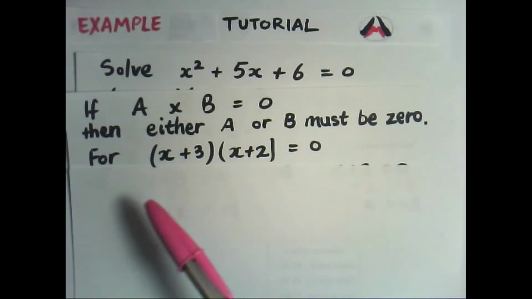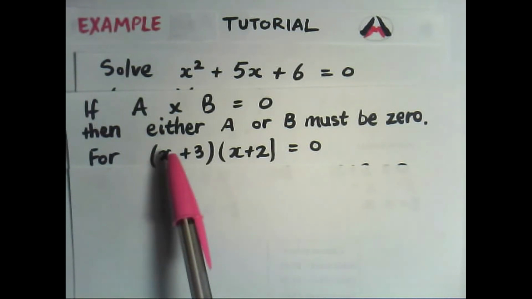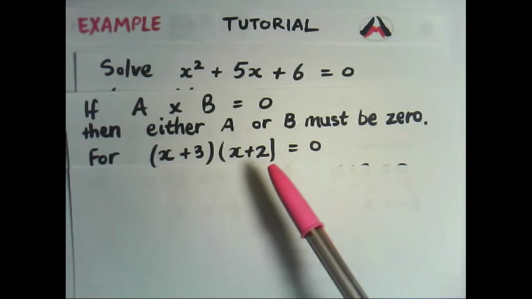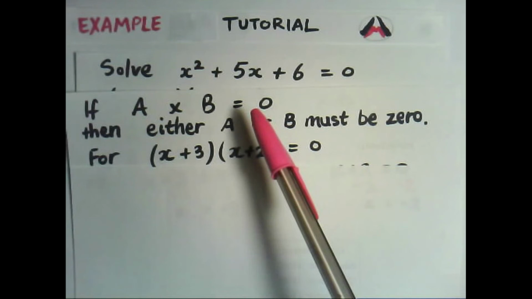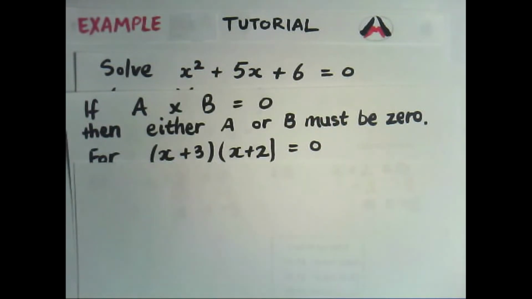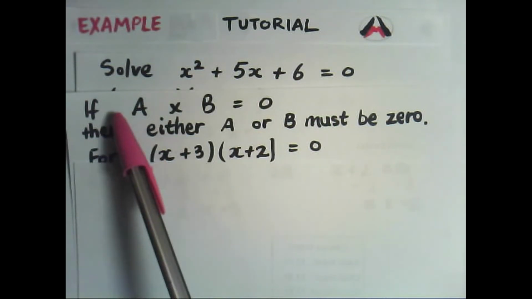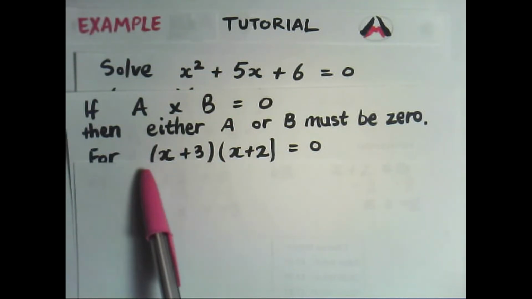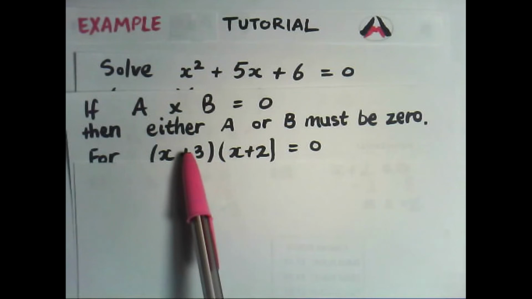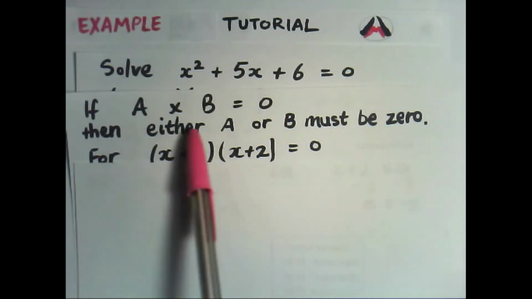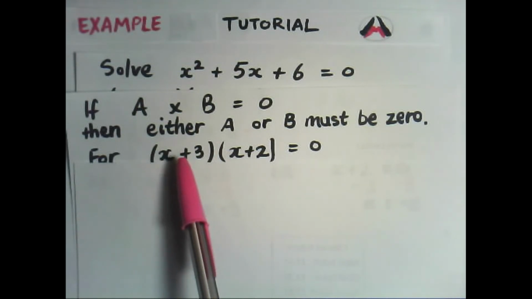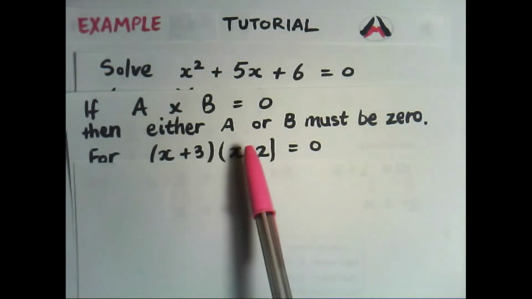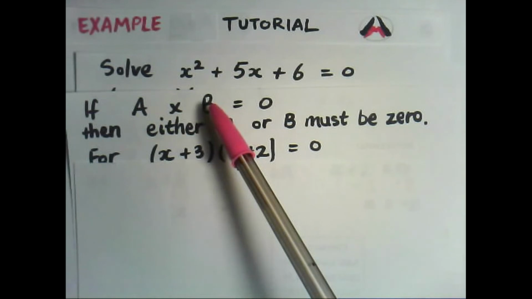Previously, we looked at x plus 3 in brackets times x plus 2 as being the factorized version of this equation. Thinking about A times B equals 0, we know that this first bracket must be equal to 0, or this second bracket must be equal to 0.